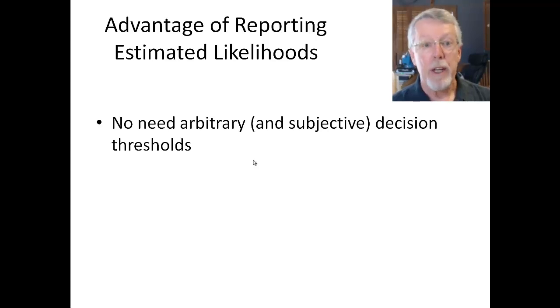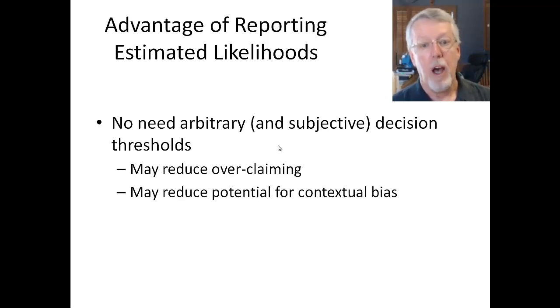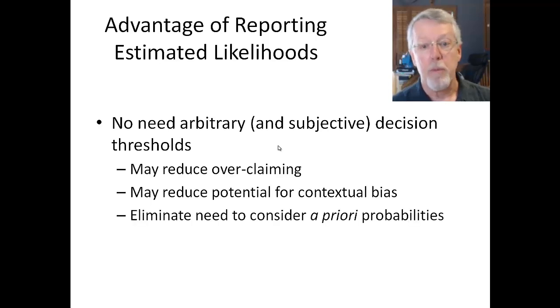If they're simply reporting their estimate of the probability, they don't need to make the decision as to whether a threshold has been passed. No need to apply a threshold at all. And that may reduce one area in which subjective judgment can play a role. It may also reduce overclaiming, right? May possibly reduce the potential for contextual bias.